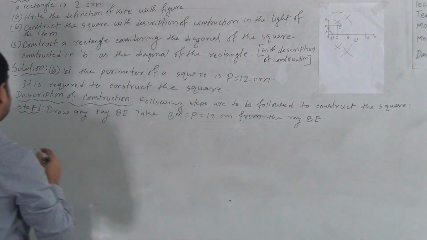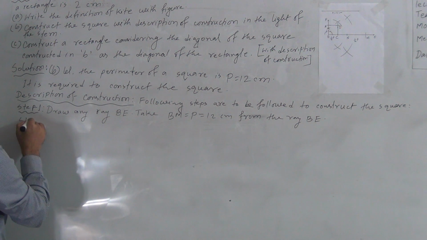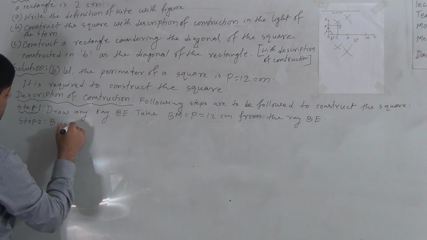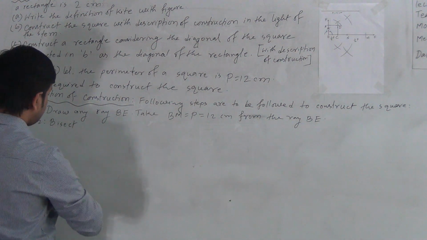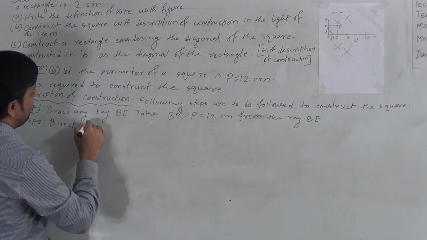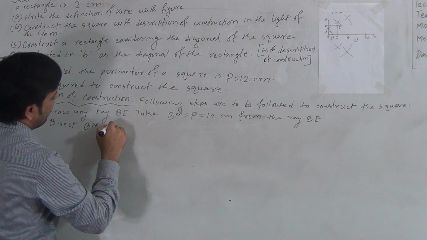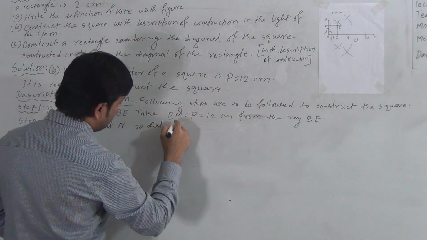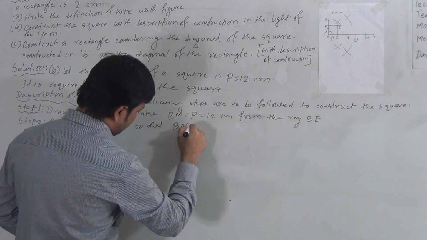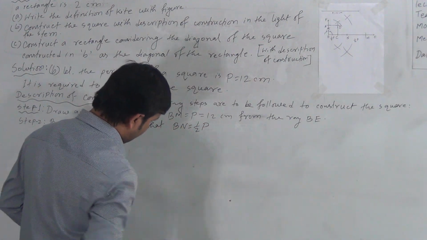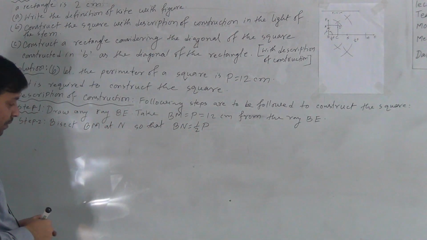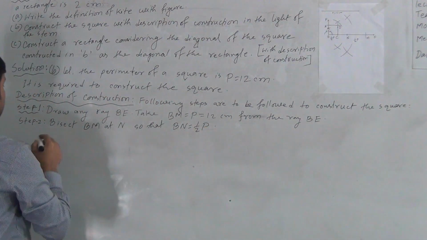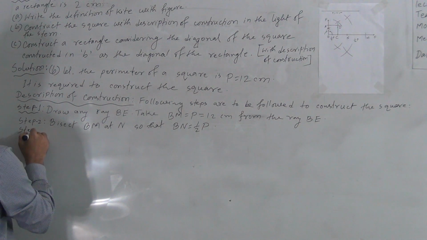Then I have determined the middle point N. So we can write here step 2. Bisect BM at N so that BN equal to half of P. Then step 3.